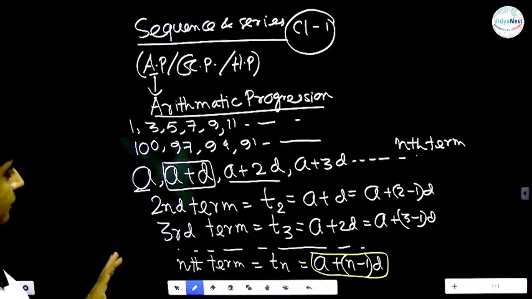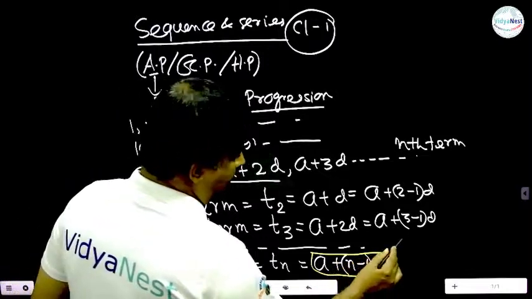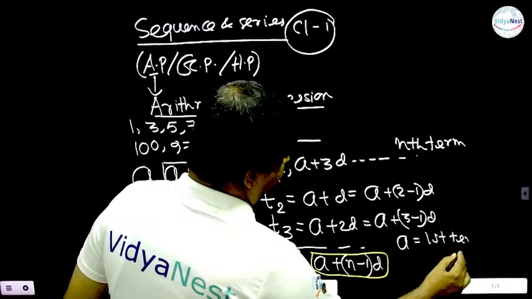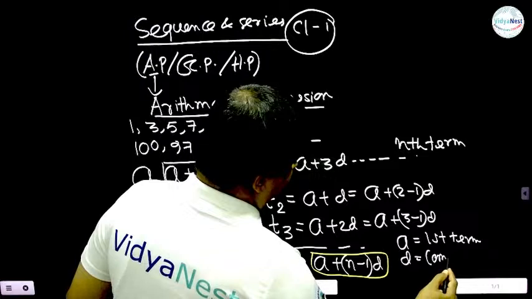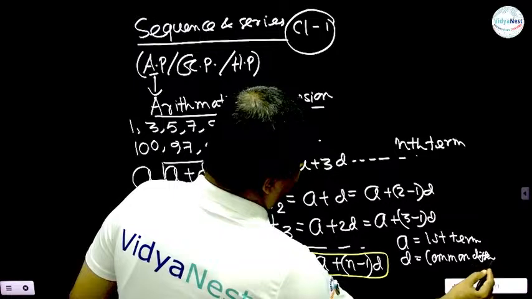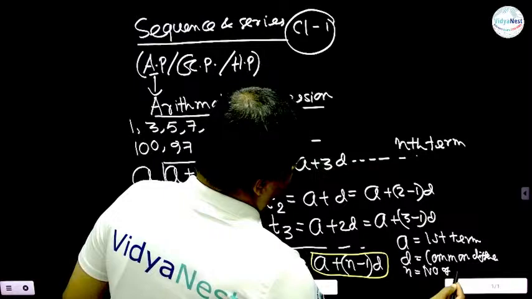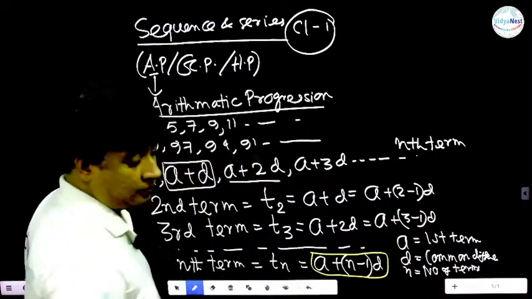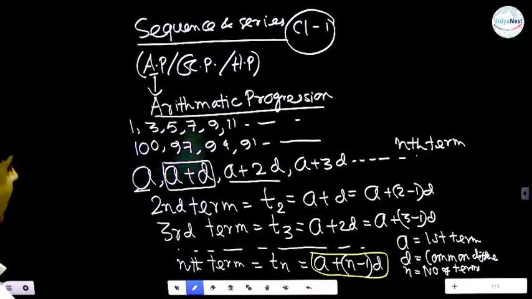Got it? Where A is the first term, D is the common difference, and n is the number of terms. So this is the progression of arithmetic progression.